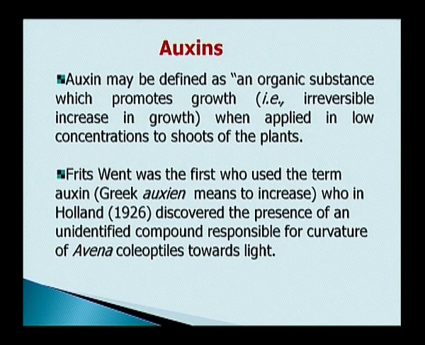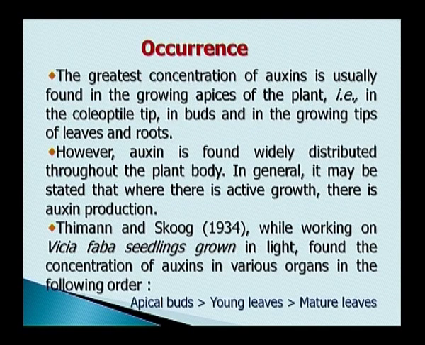So, how are auxins present in the plant, where do they occur? The greatest concentration of auxin is usually found in the growing apices of plants, that is in the coleoptile tips, in the buds or in the growing tips of leaves and roots. However, auxins are found widely distributed throughout the plant body.